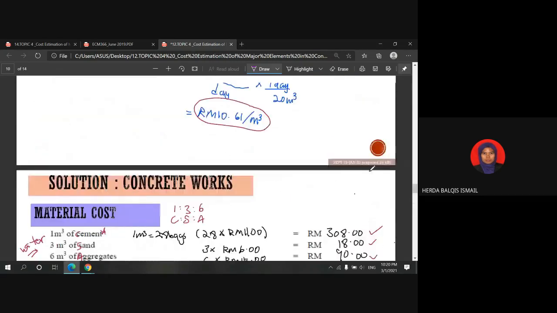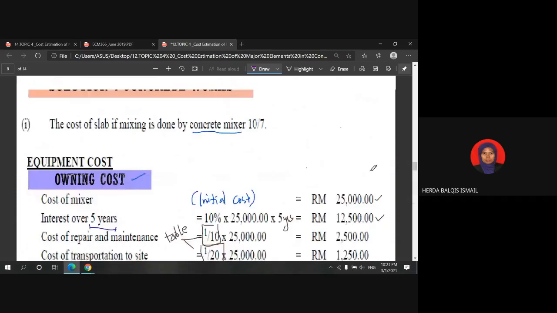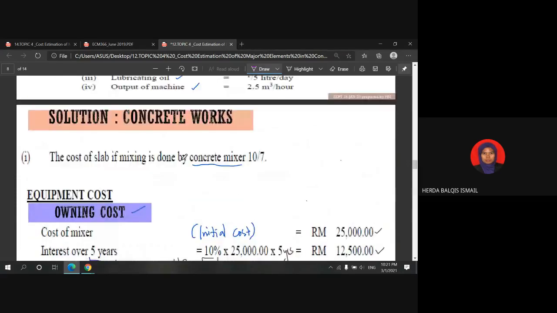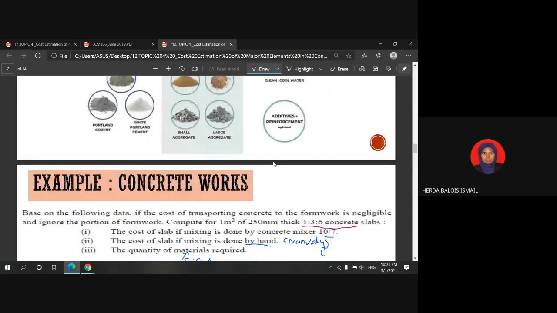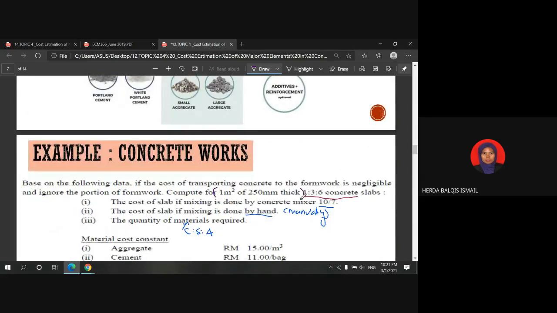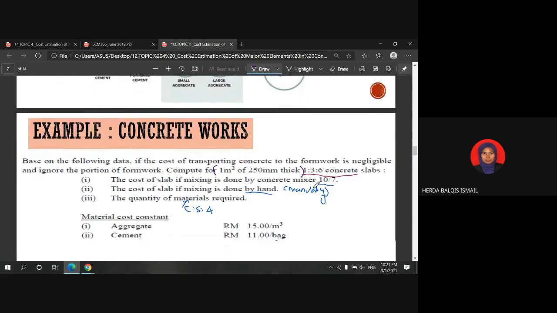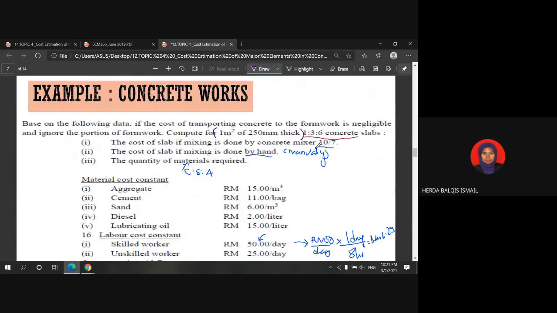Question 1 is the cost of the slab if mixing is done by concrete mixer for the slab with this dimension. Next, we want to calculate the cost of the slab if mixing is done manually, without machine, without equipment.